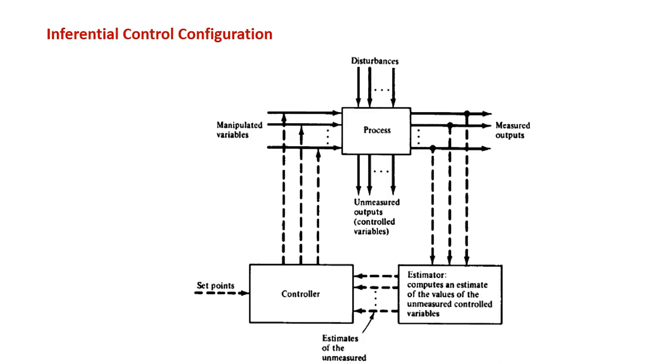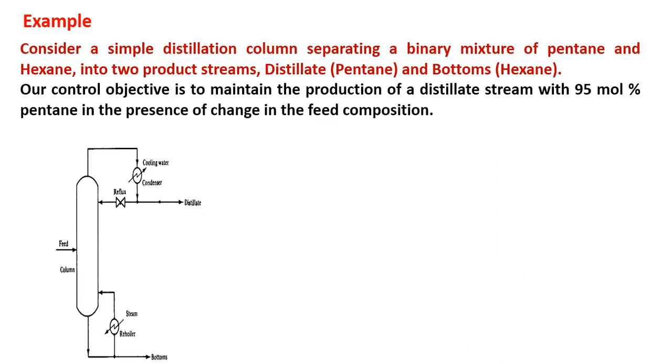Now moving further, let's take an example where we compare all three types of controller configurations. Now we have a simple distillation column separating a binary mixture.